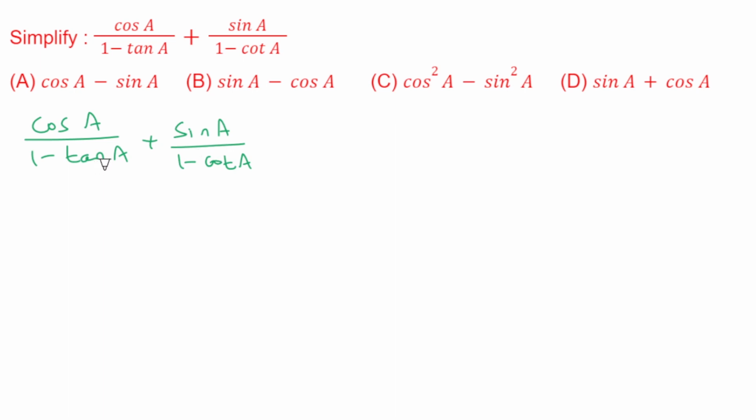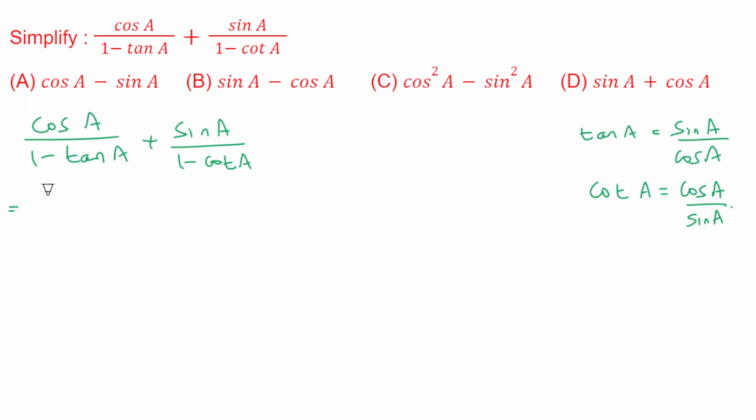We know there is a formula for these two: tan A equals sin A over cos A, and cot A equals cos A over sin A. These are the two formulas, right? So we just need to substitute these formulas here.